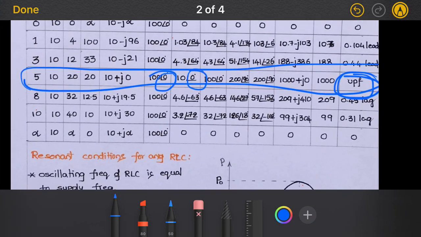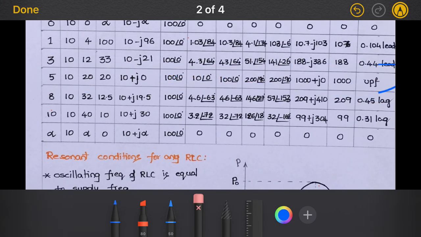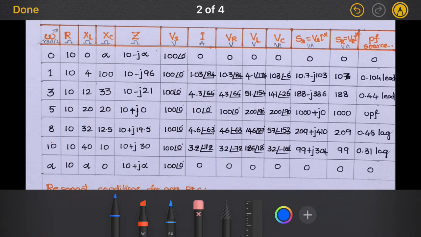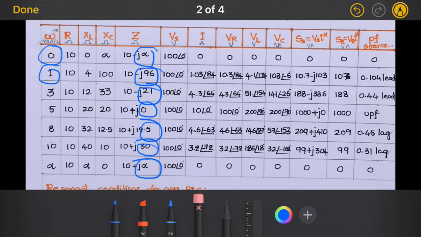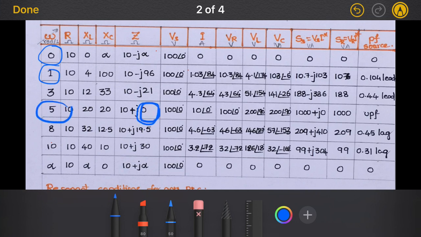And another one is, if you clearly notice the impedance, when the supply frequency is 0 radians per second, the imaginary part of the impedance is minus infinite. At 1 radian per second it is minus 96, then minus 21, 0, and 19.5, up to infinite ohms. So if you clearly notice the imaginary part of the impedance for different values of frequency, it is 0 at the resonant frequency.